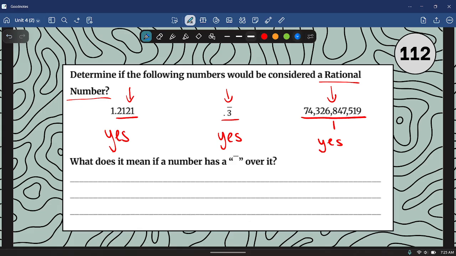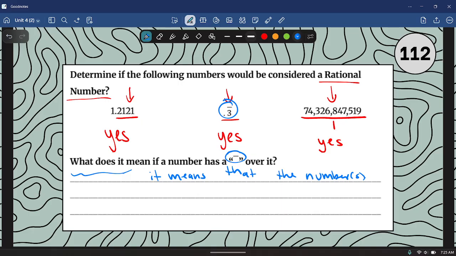Now I want you to think about that little dash thingy that we see right here. What does it mean? Take some time, write out your answer, and then play the video once you get that written down. All right, I would say that it means that the number could be more.